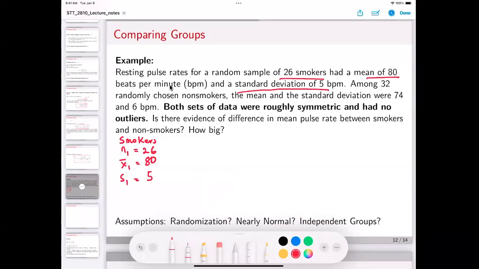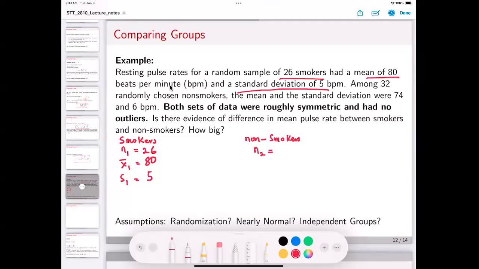Now we proceed. Among 32 randomly chosen non-smokers. So now we have another group, which is non-smokers. And then their sample size, I'll use N2 to represent that.